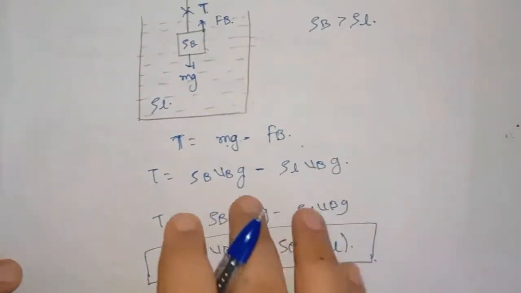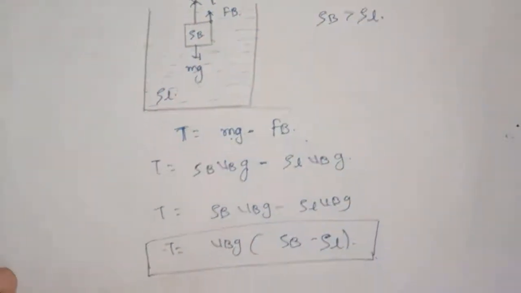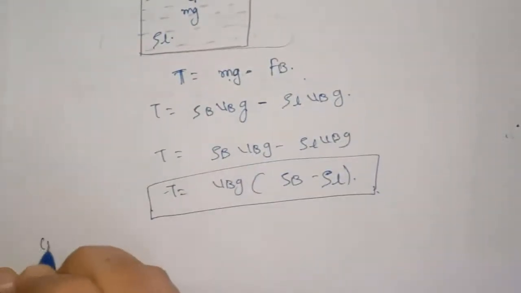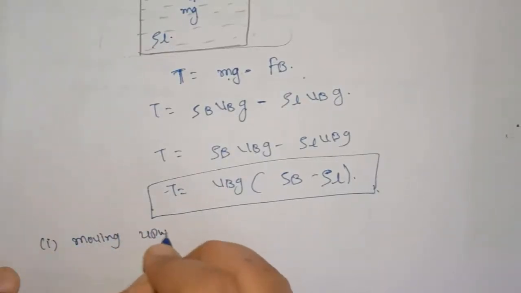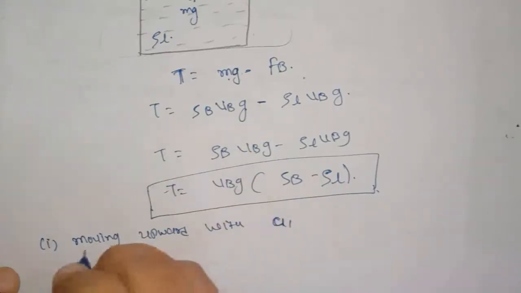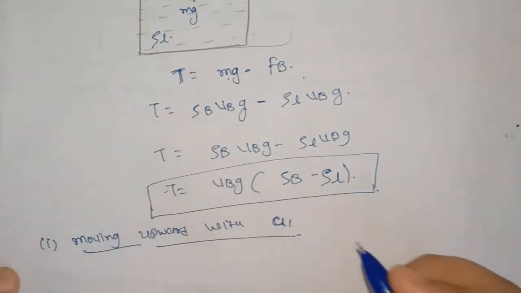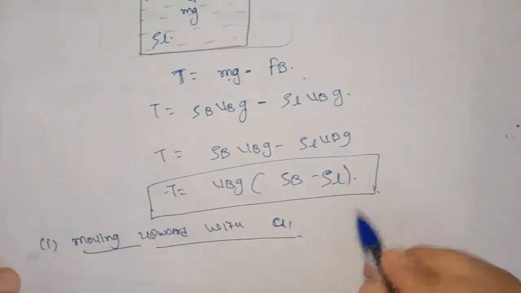Now if this whole system is kept in an elevator and it is moving upward with acceleration a1, then we will apply pseudo force in downward direction.